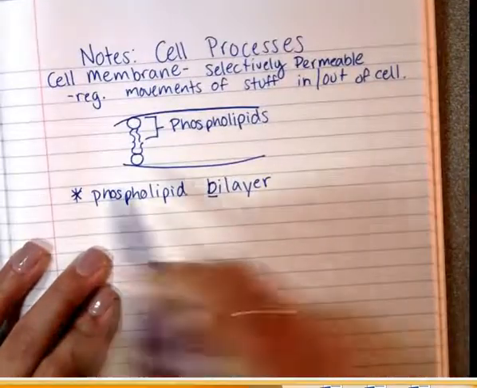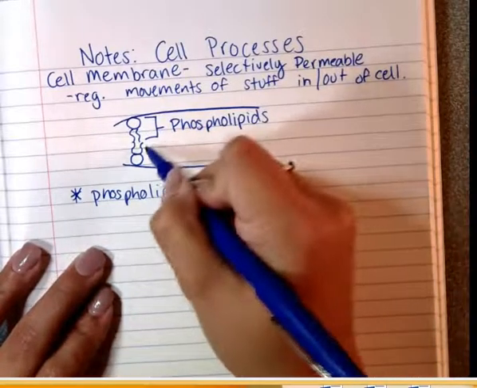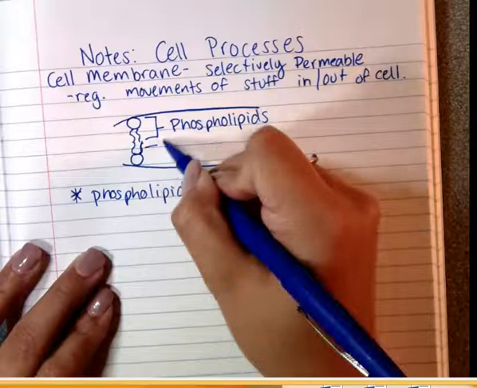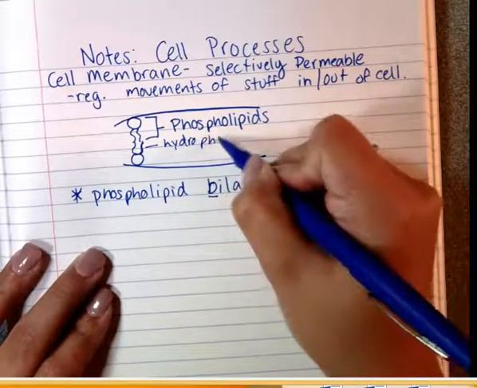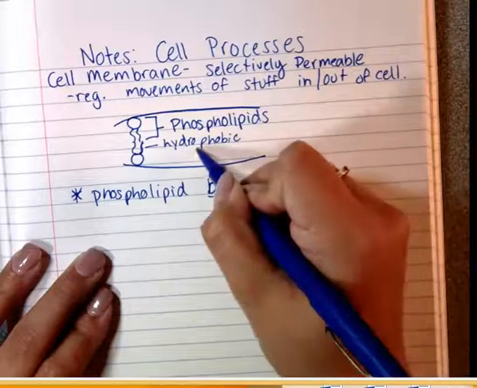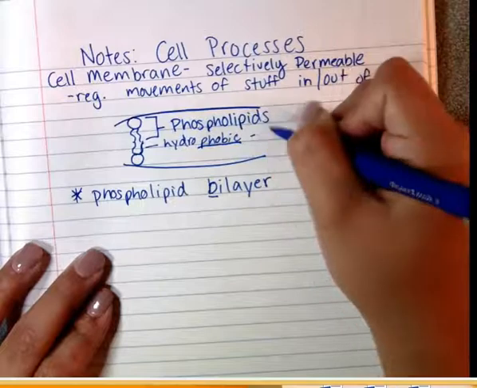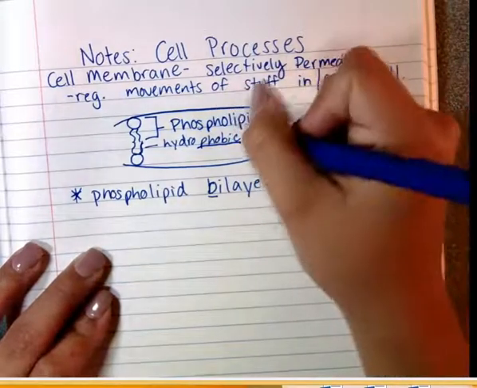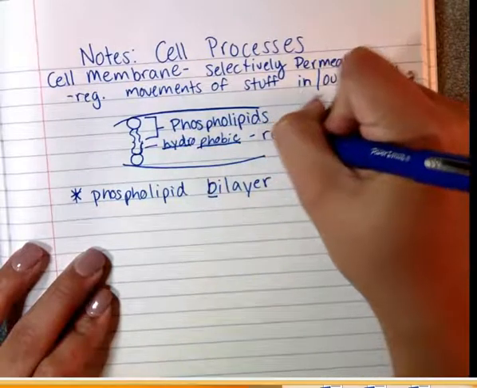Some unique characteristics about the phospholipid: these little tails are going to be hydrophobic. If you think about the word, phobic is scared and hydro means water, so they basically repel water, they hate water.